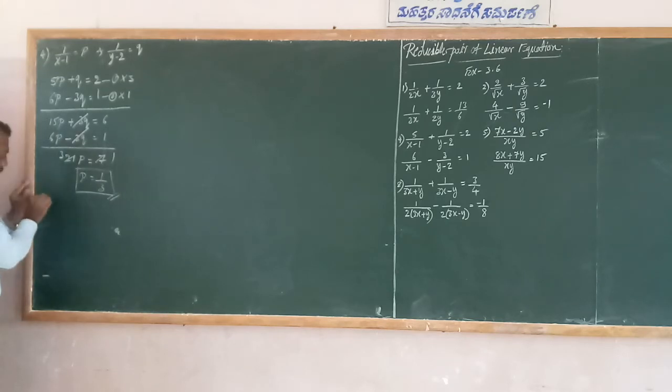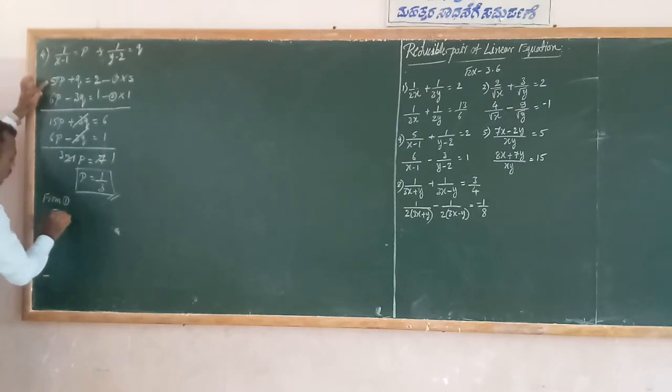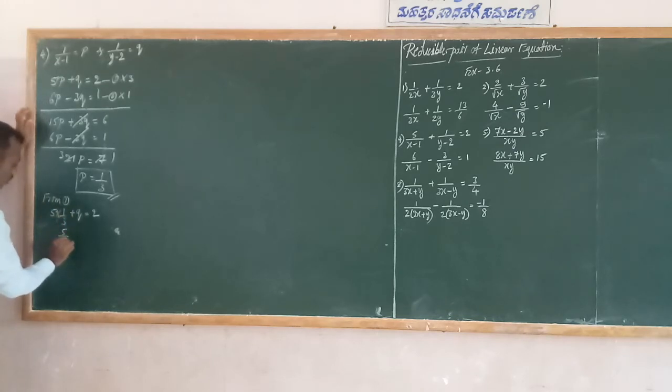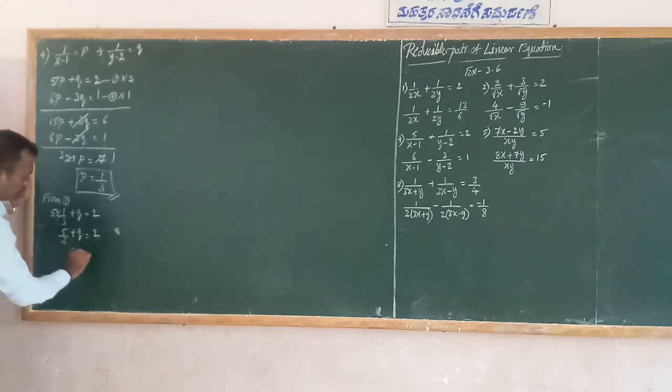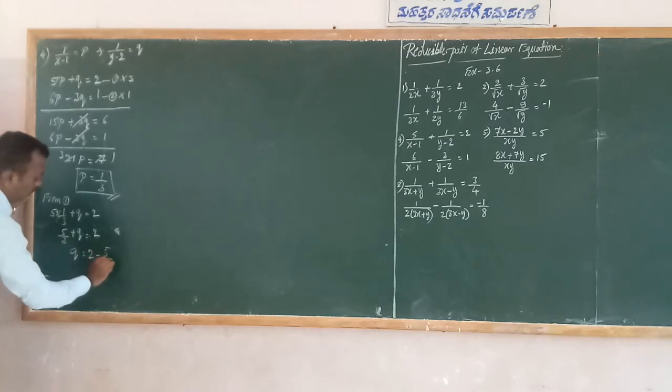Like that, q. So from equation 1, 5 into p. P means 1 upon 3, plus q, it is equal to 2. Therefore, 5 ones are 5, 5 upon 3 plus q is equal to 2, and 5 by 3 I have to send to the RHS, it becomes 2 minus 5 by 3.